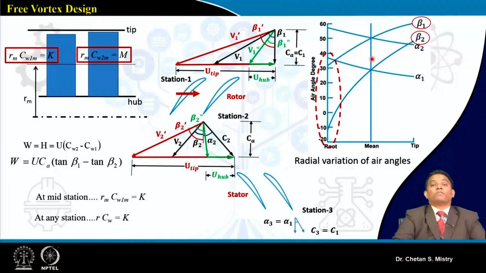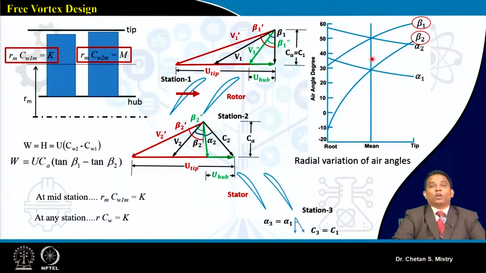We have defined that in the form of some constant, that is CW1 and CW2. Then the exponent in the equation for CW1 and CW2 we have assumed to be n equal to 0. We have assumed that to be n equal to 1, and then we have assumed n equal to minus 1.